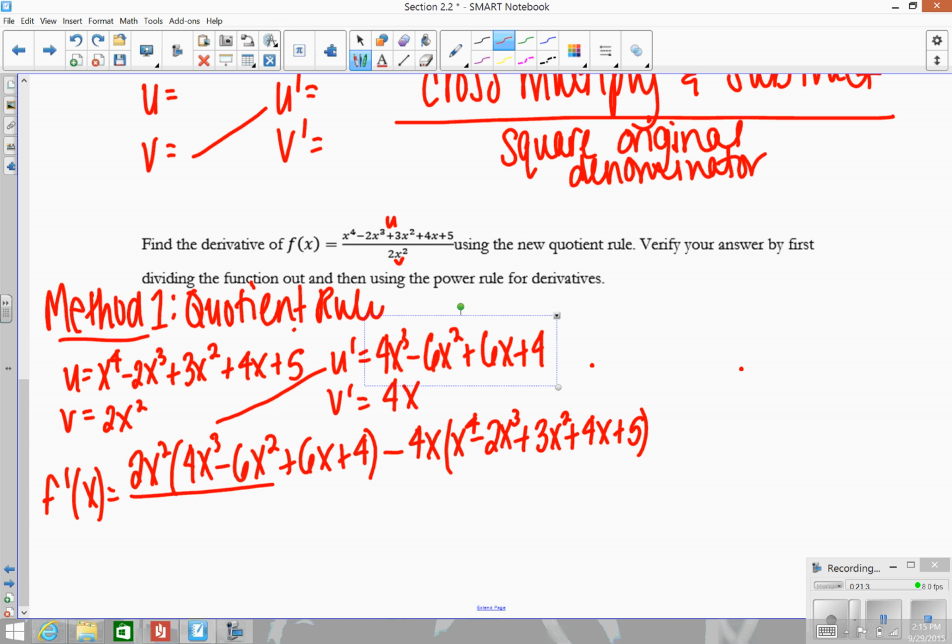And then on the bottom, I square the original denominator. And notice I put parentheses because I got to remember to square each piece.